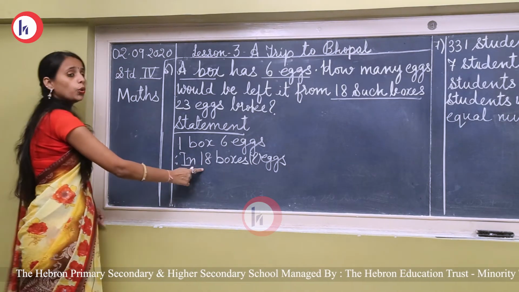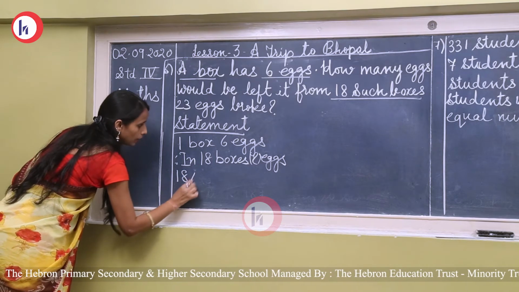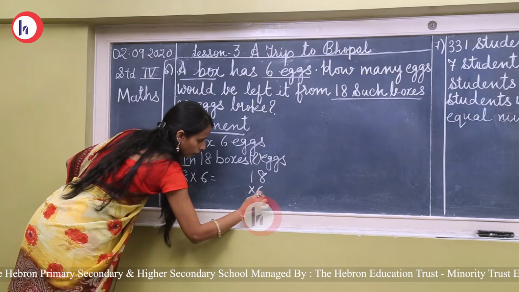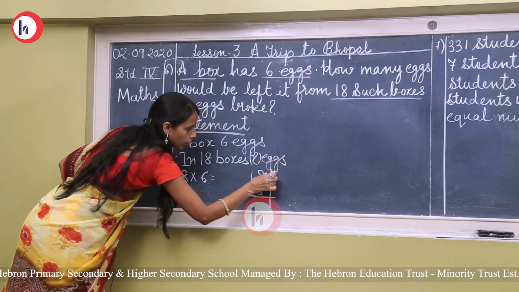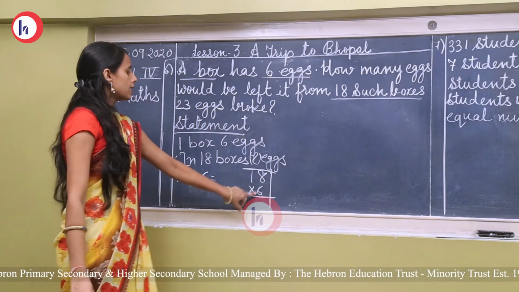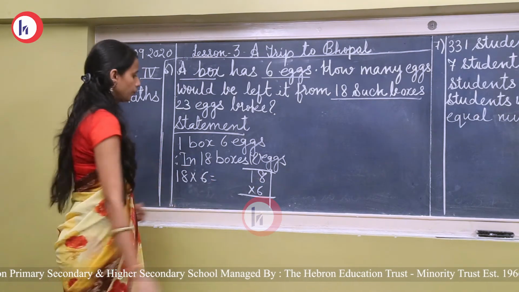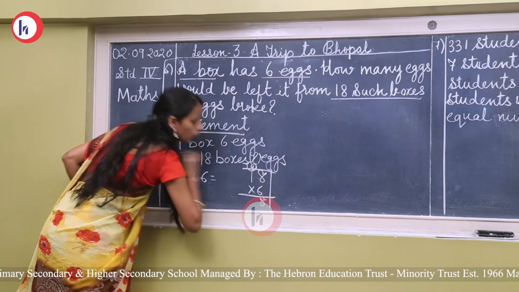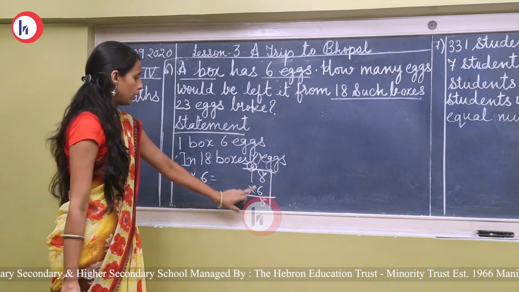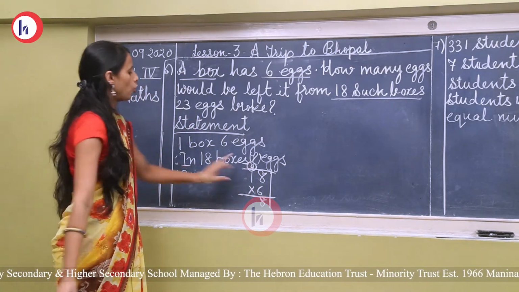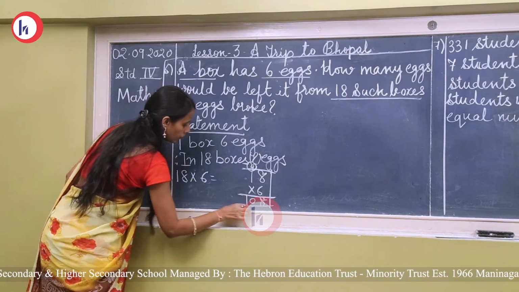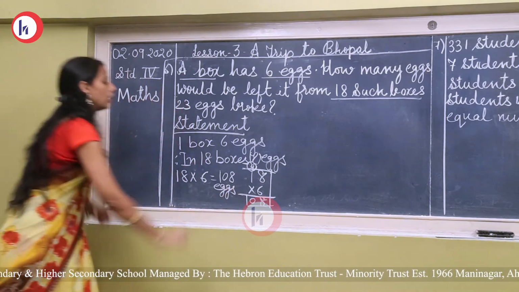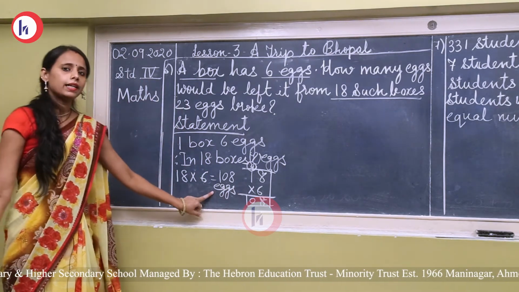So, we will do multiplication here. 18 multiplied by 6. See, 6 eights are 48. So, 8 will be here and here will be 4. 4 will be carried forward. Now, 6 ones are 6. 6 plus 4 is 10. 108 eggs. In 18 boxes, 108 eggs.